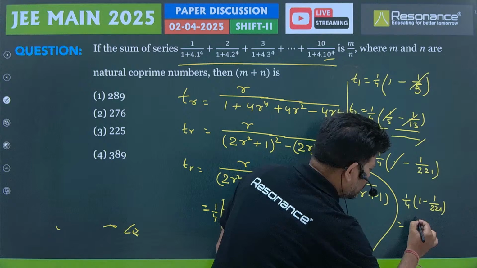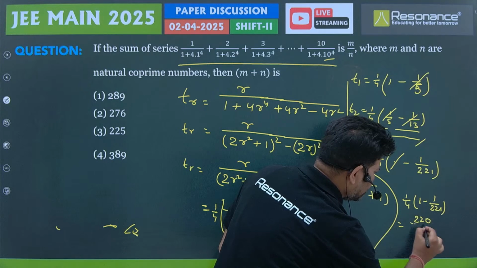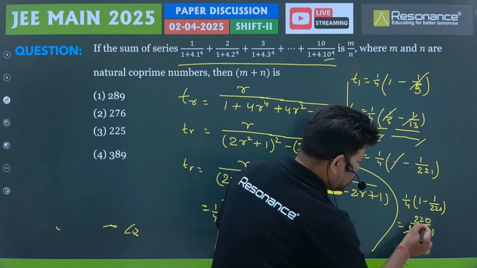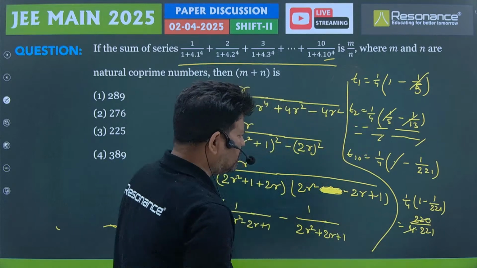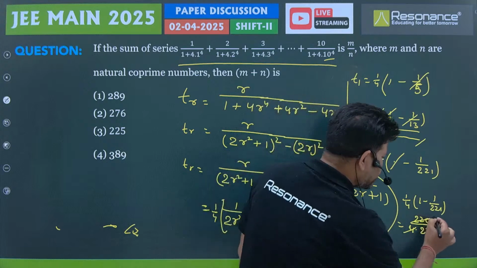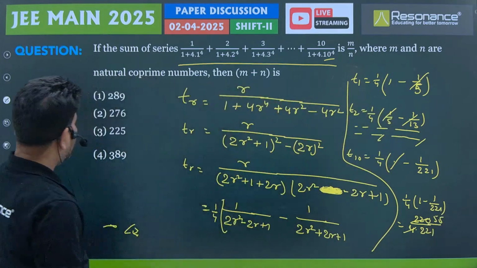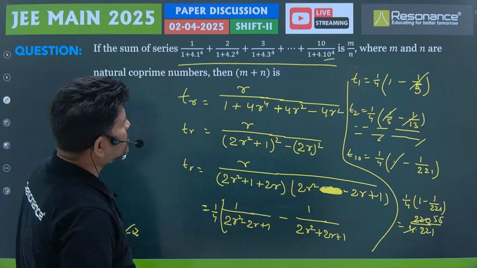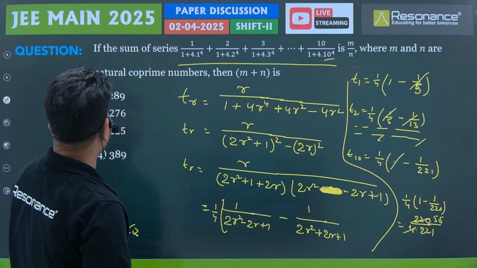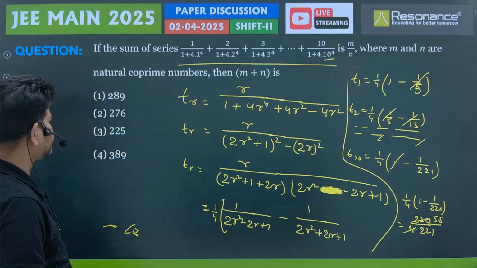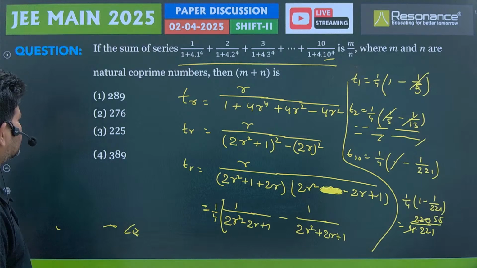So this one it will go 220 by 4 into 221. This you can cancel. So what the value will come? 5 and 5 it will come. Now this is the M by N, where M and N are natural co-prime numbers. Now you can add, you can get the answer. Yeah, note down this one.